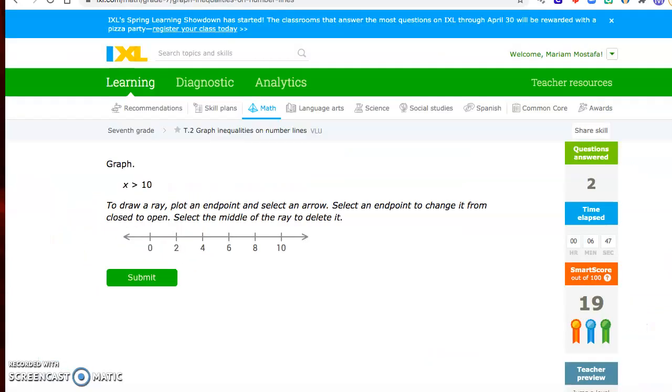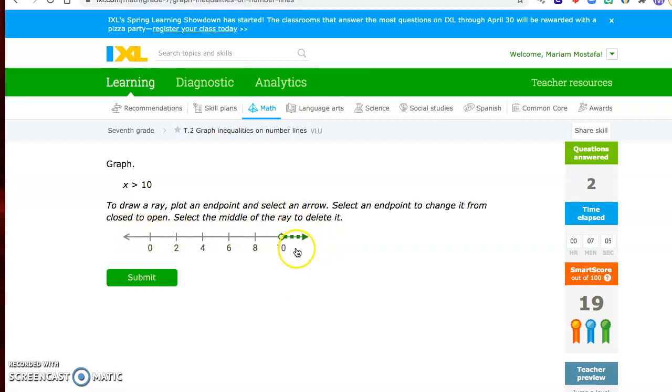It's just saying it's greater than 10, so that would be an open circle. So we change this to an open circle, and then we graph the numbers that are greater than 10.